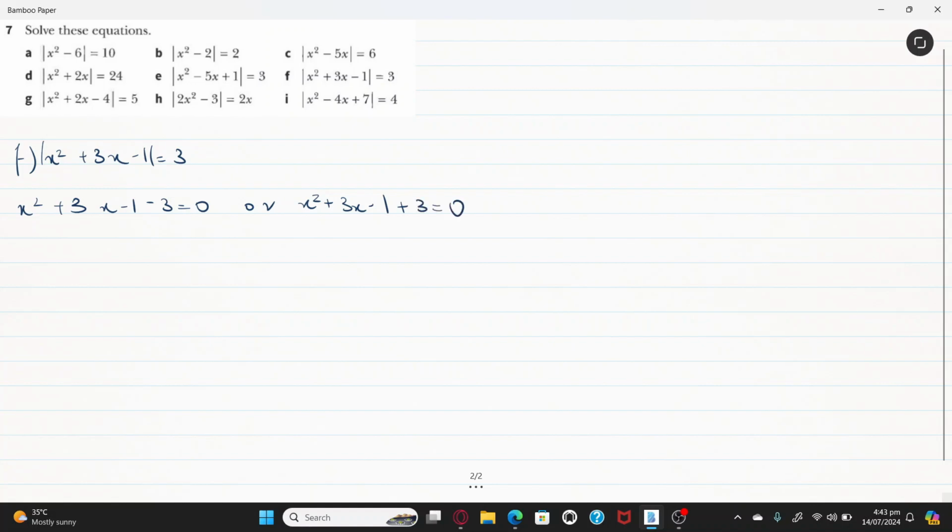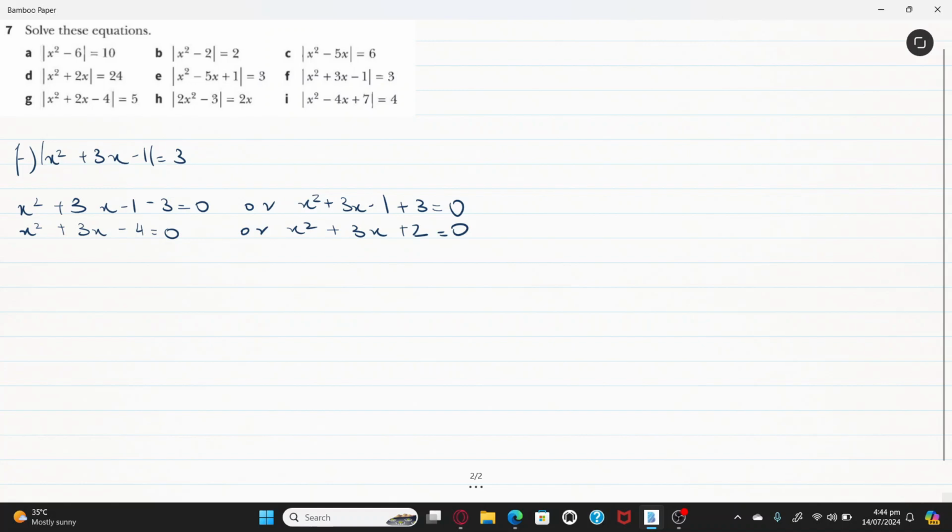Next, what we're going to do is take this up and solve this. x squared plus 3x minus 4 equals 0, or x squared plus 3x minus 1 plus 3 is positive 2 equals 0. Again, I'm going to input this into the calculator. However, I prefer you should use the quadratic equation method or the factorization method.